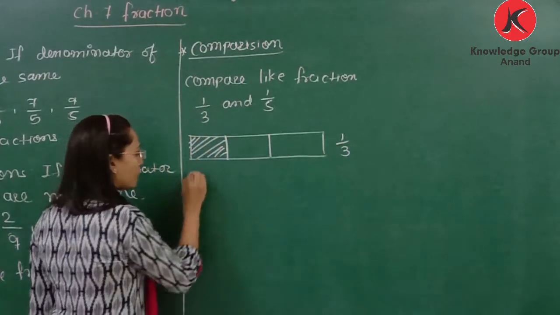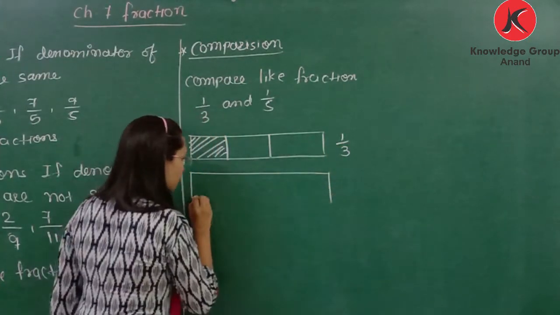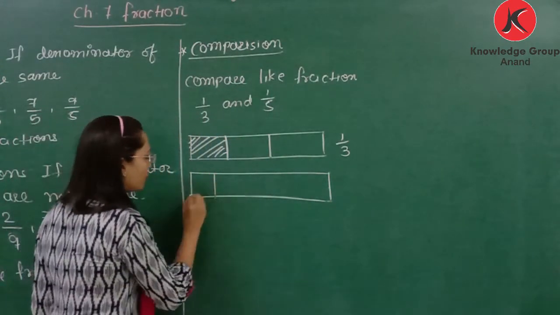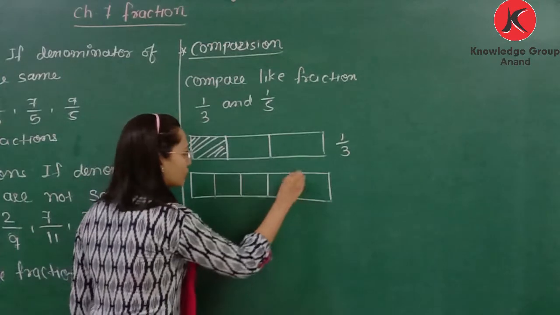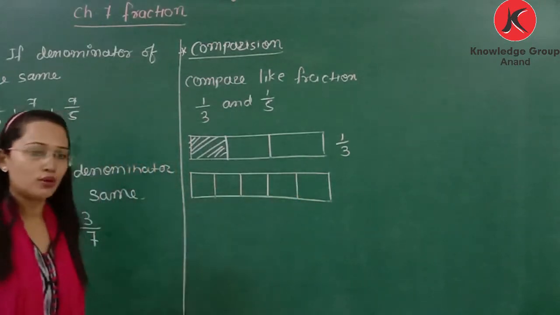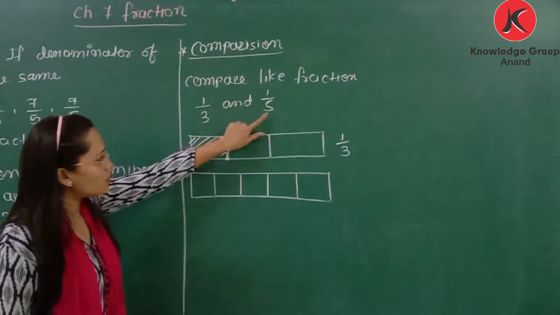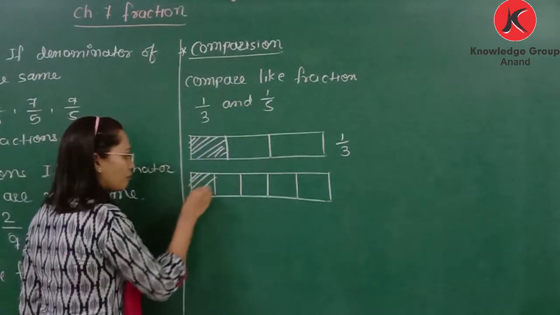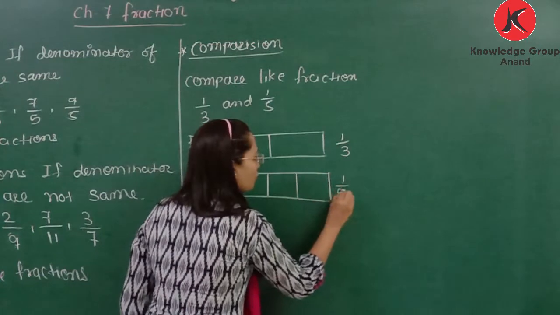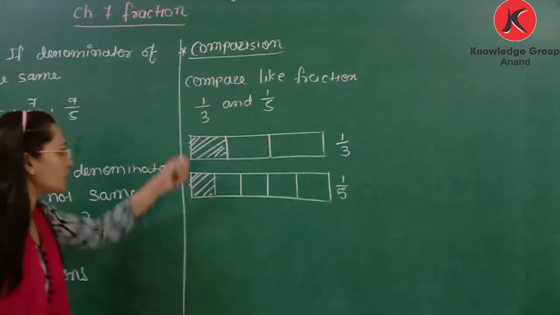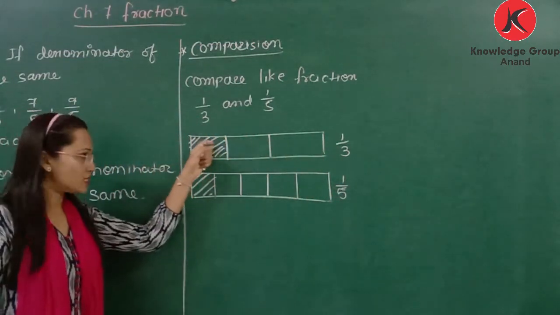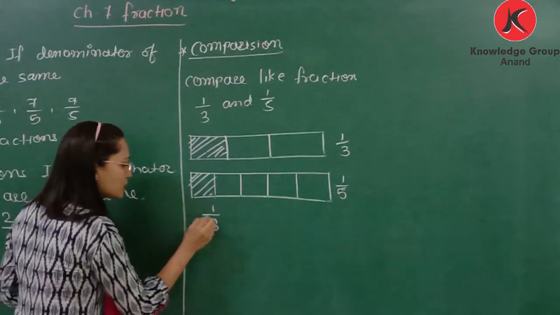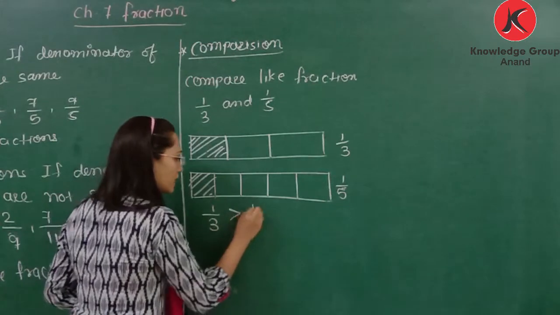Now 1/5 means one whole is divided into 5 equal parts. So let's divide. Now this is divided into 5 equal parts. 1/5 means from 5 parts, one part is shaded. So this is one part. Now from these two figures, which one is more shaded? You can see it is 1/3. So in this kind of comparison, 1/3 is greater than 1/5.